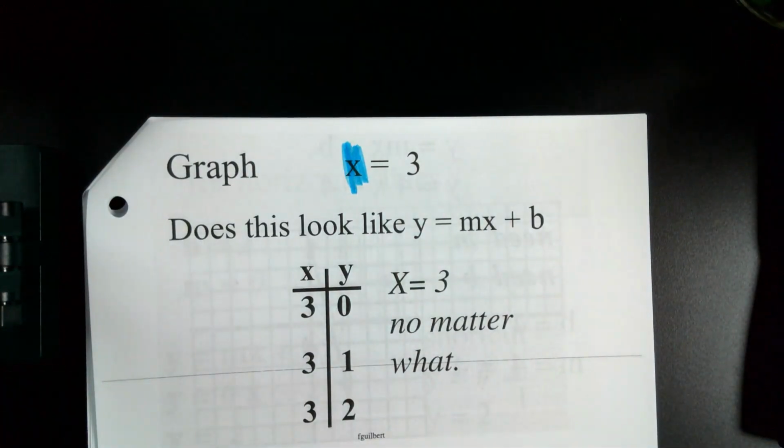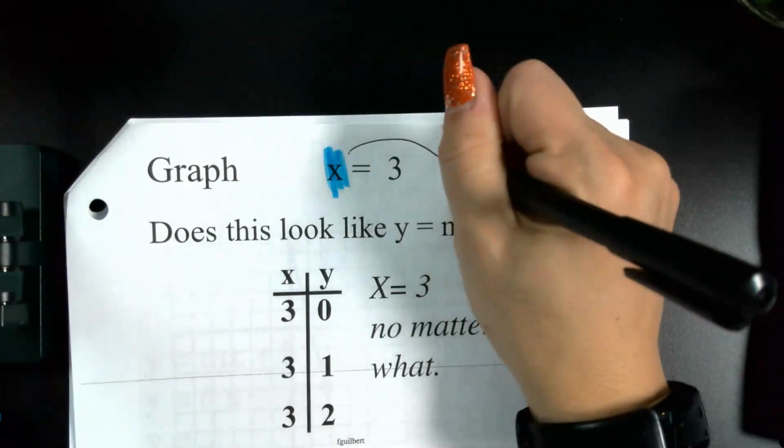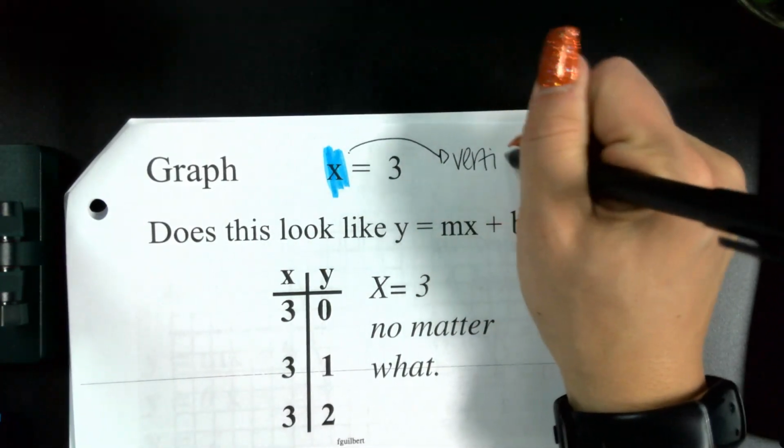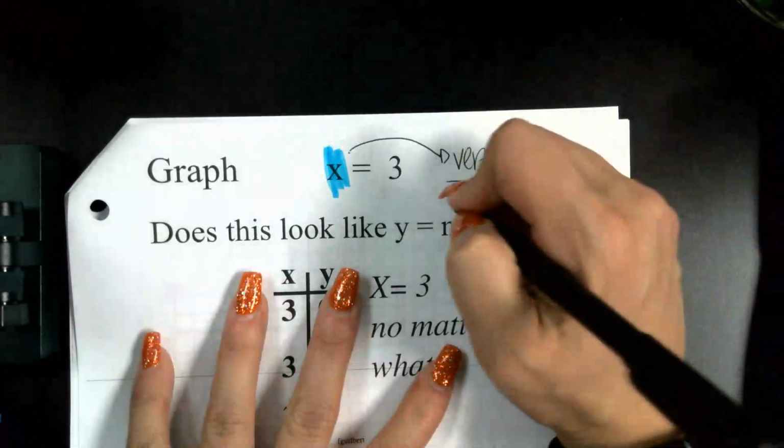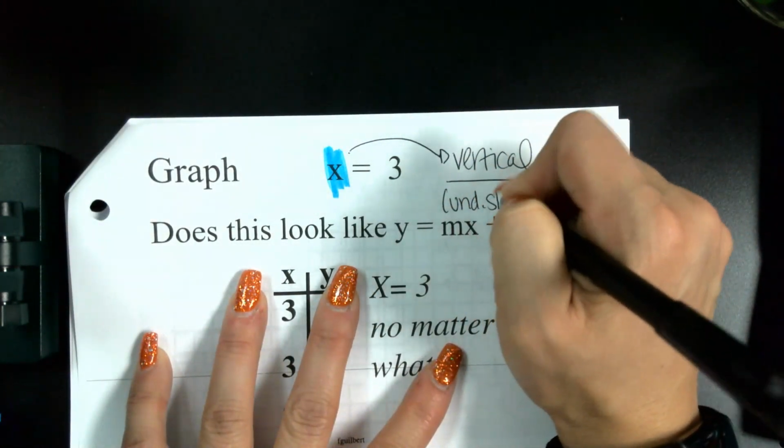It no longer says y equals. So the minute you see an equation that starts with x equals, immediately you should say to yourself, well, this has to be vertical because all of the other ones have either been diagonal or horizontal. As soon as it starts with x equals, it is a vertical line every single time, which means we have an undefined slope.